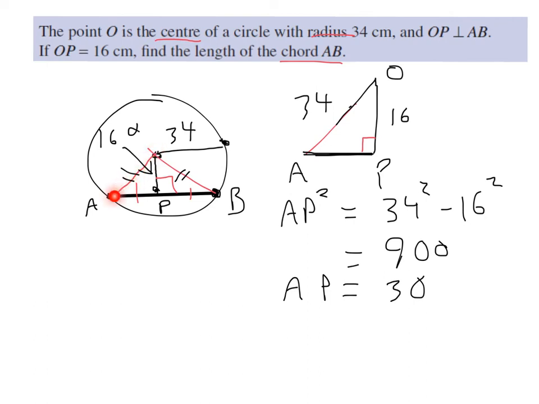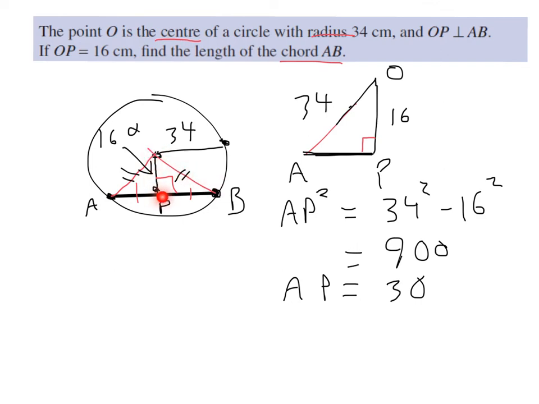Okay, so remember that the question is asking us to find the chord AB, and I said that this was one isosceles triangle, and that's right. However, it's probably better to think about it as when there's a line that goes through the origin perpendicular to a chord, it creates two congruent triangles. So you can see here's a common side. These two sides are radii, therefore equal.